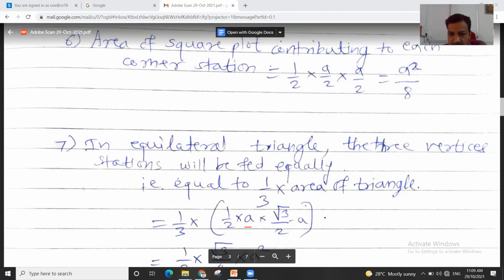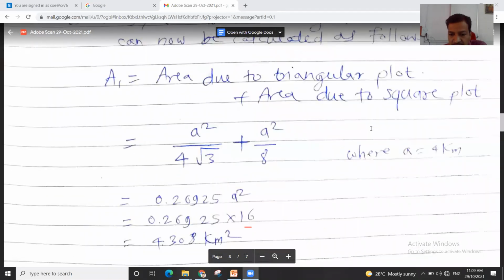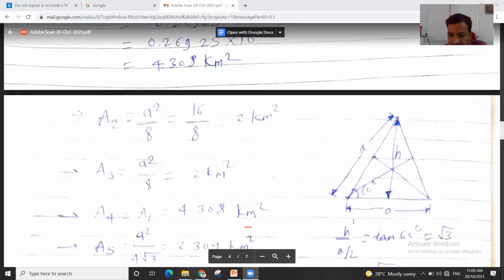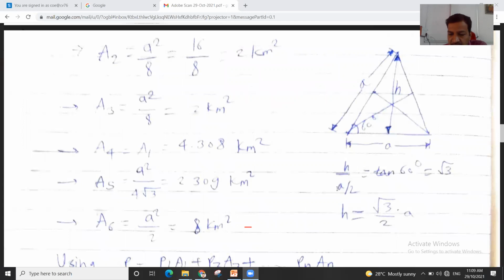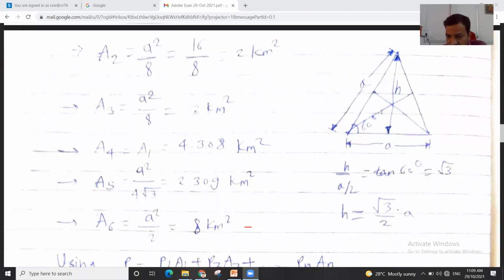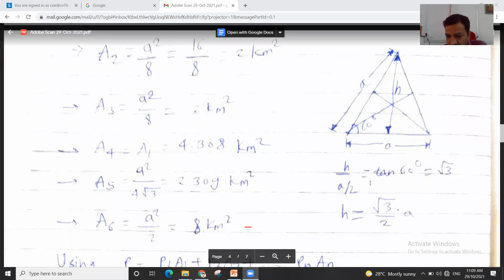We worked this out earlier: the base is a and the height is h. How was h found? tan 60 equals front side divided by adjacent side, front side is h and the adjacent is a/2, and tan 60 is √3. Multiplying, h comes to √3/2 a.